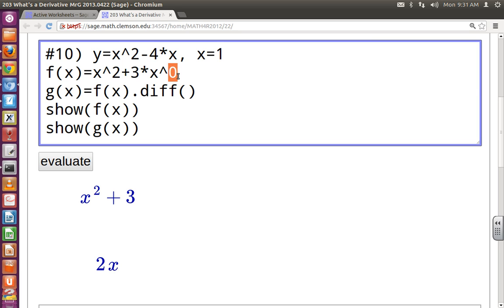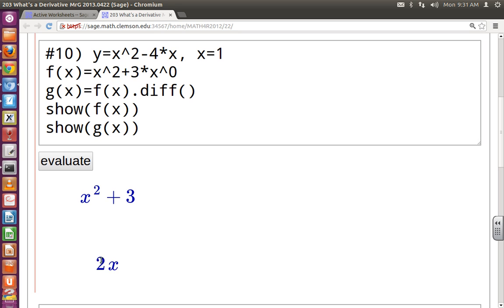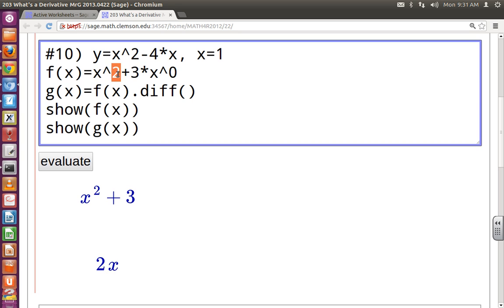The same rule. The 0 goes out. The 2 went out in front, right? And then the 2 minus 1 became this exponent, right? So what happens with the 0? Goes in front, but that means 0 times stuff is 0, so it goes away. It went away. It's gone.